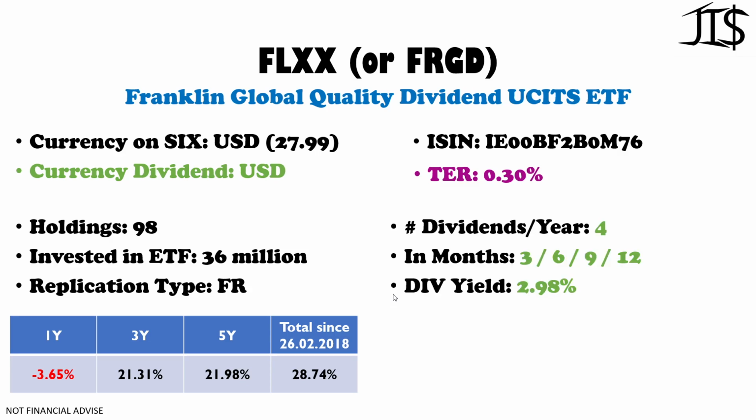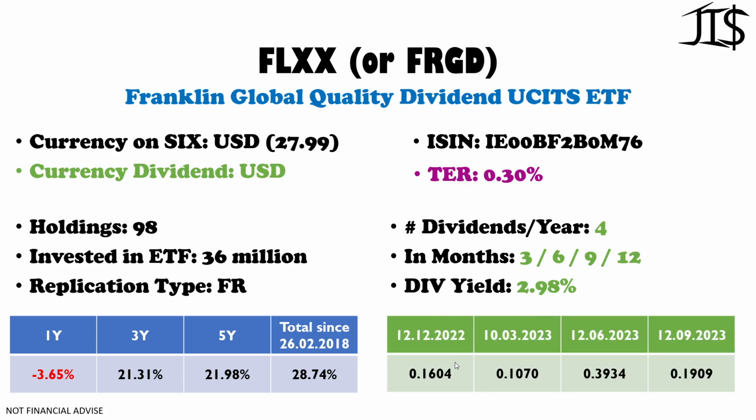It also pays 4 dividends a year, in March, June, September, and December, and has a dividend yield of almost 3%, again nicely distributed. In June it's a bit higher, of course, than the other 3 dividends that they pay out. But I think this one certainly has a home in some portfolios.